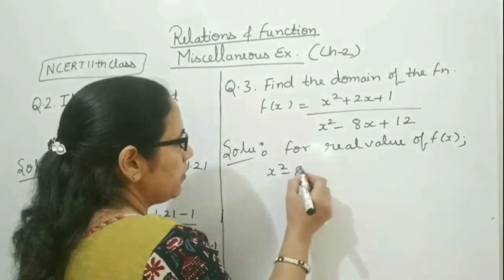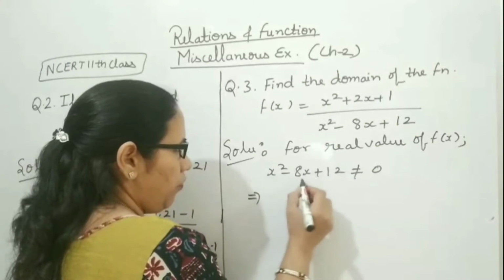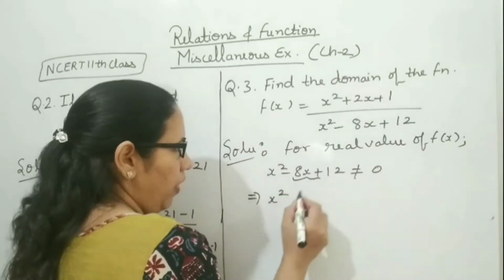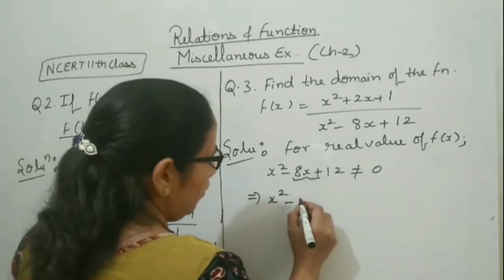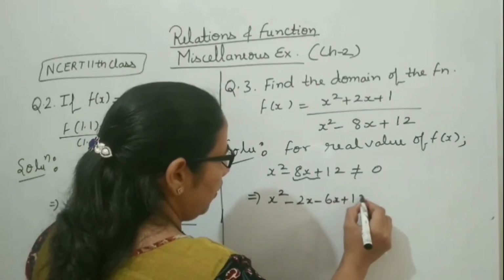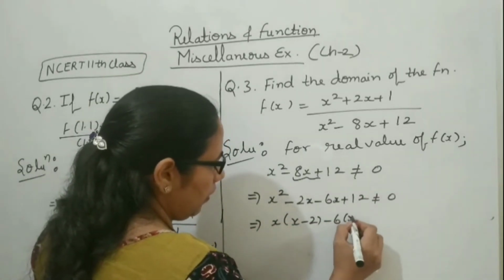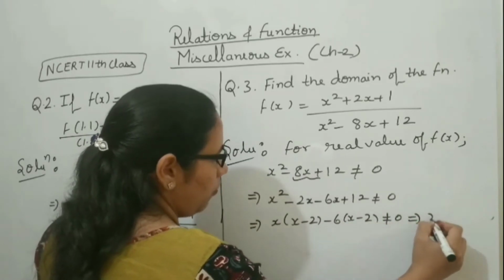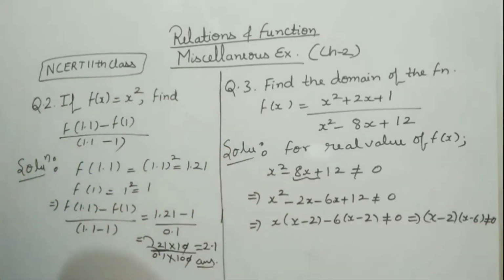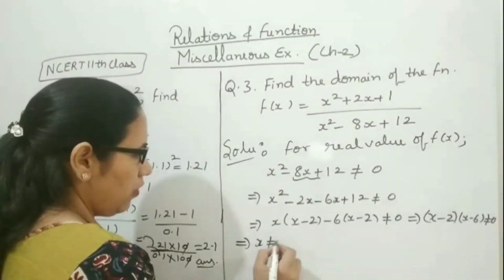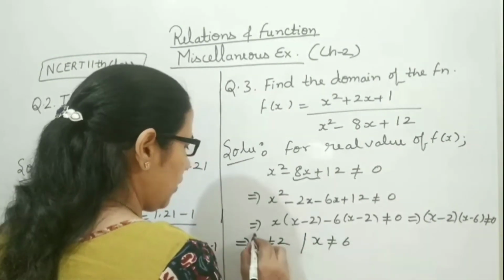Means x square minus 8x plus 12 should not equals to 0, or we have to factorize this for two values of x square minus 2x minus 6x plus 12 not equals to 0, or x minus 2 minus 6 x minus 2 not equals to 0, or x minus 2 x minus 6 not equals to 0. It means x not equals to 2 and x not equals to 6.